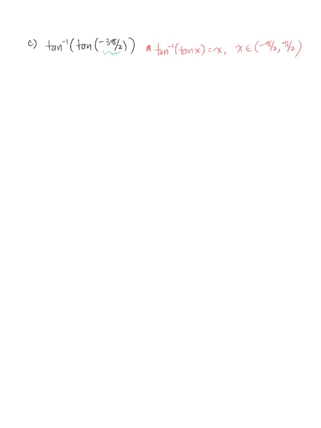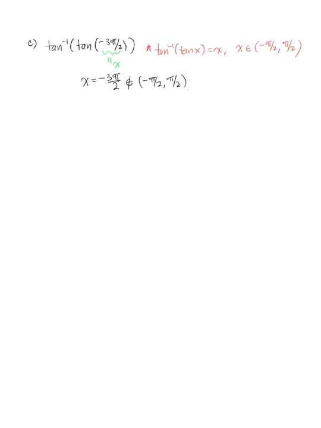So again, our x is going to become negative 3 pi over 2. And notice that x equals negative 3 pi over 2 is not inside of negative pi over 2 to pi over 2. So again, your next step is to come up with the reference angle for negative 3 pi over 2.